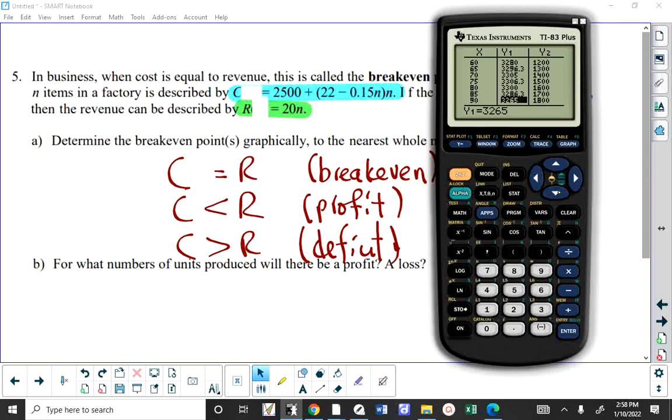We have an option here. We could continue to scroll down, or we could think a little more intelligently and change the table setup to start at like 100 and go up by, I don't know, 25. It's up to you. Oh, yeah, okay, there we go.